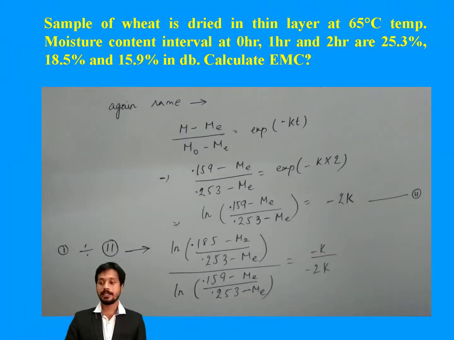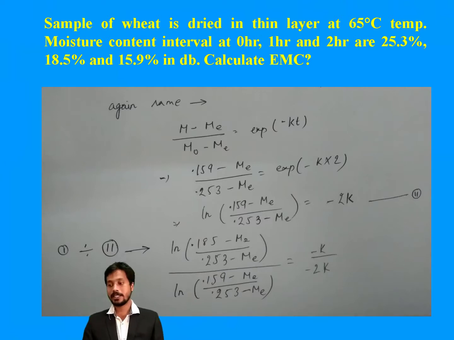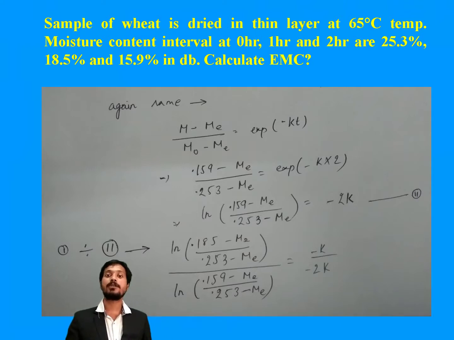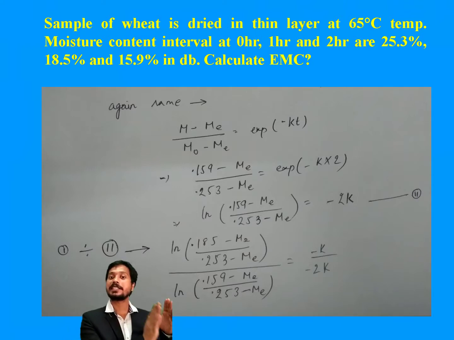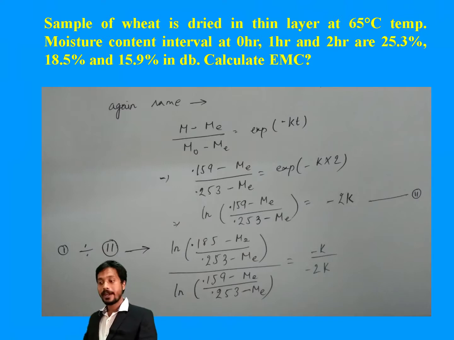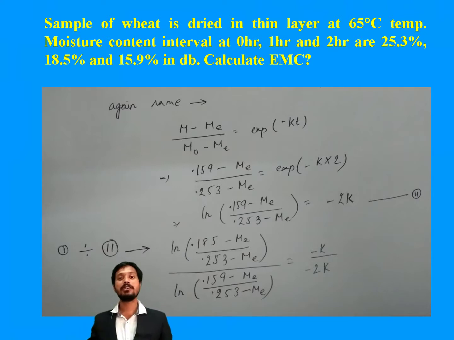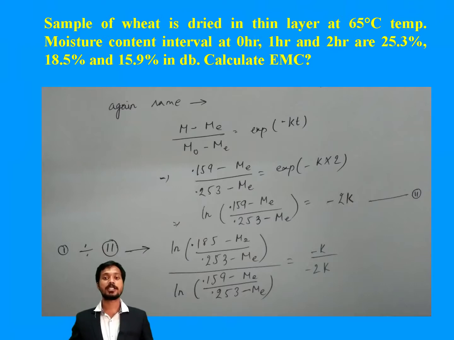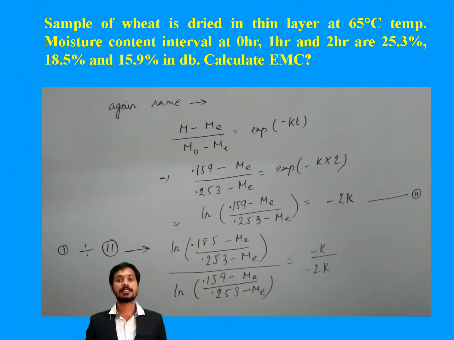In the next line, if we proceed the same way, we have another case. In that case, the value is reducing from 25.3% to 15.9% after 2 hours. So again we can use the formula of moisture ratio. MR equals exponential of minus kT. Now if I replace the values, M minus Me by M naught minus Me.